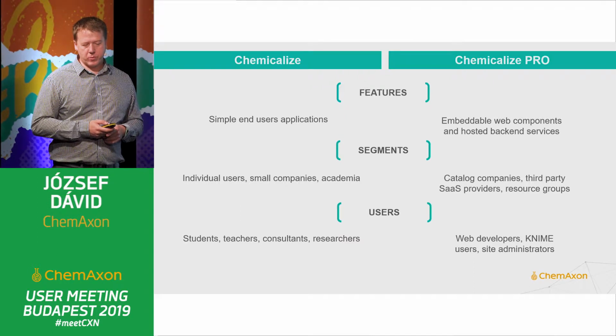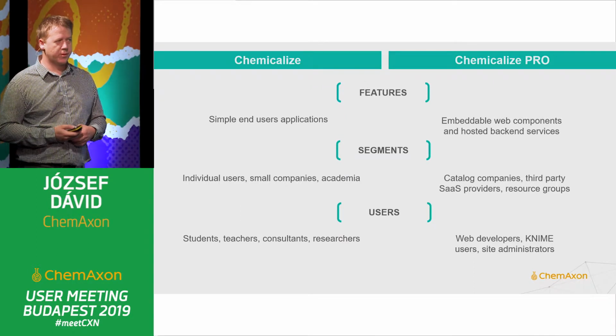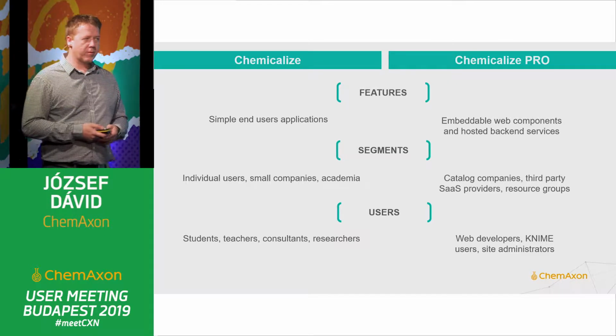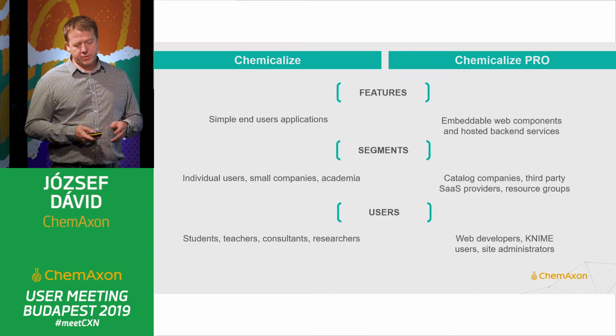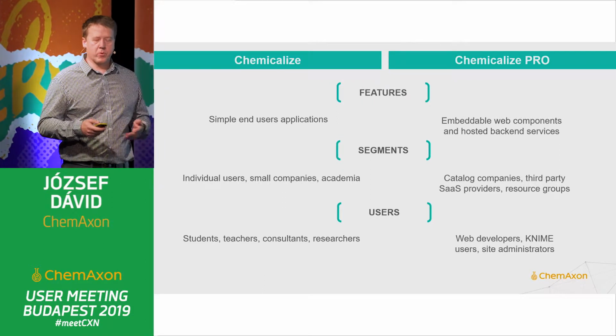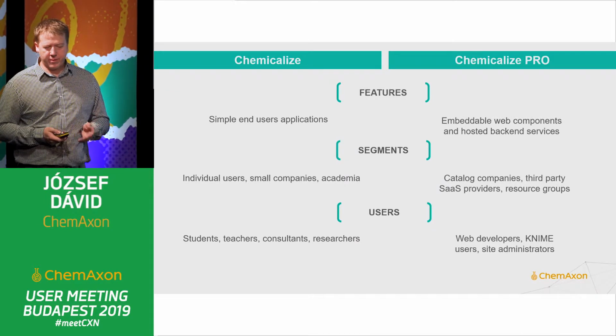And now a little bit more clarification, because I mentioned the Chemicalize and the Chemicalize Professional. I mentioned the Chemicalize is rather user interface oriented, and the features are rather user features which are more visual, let's say, and also the user segments are different.